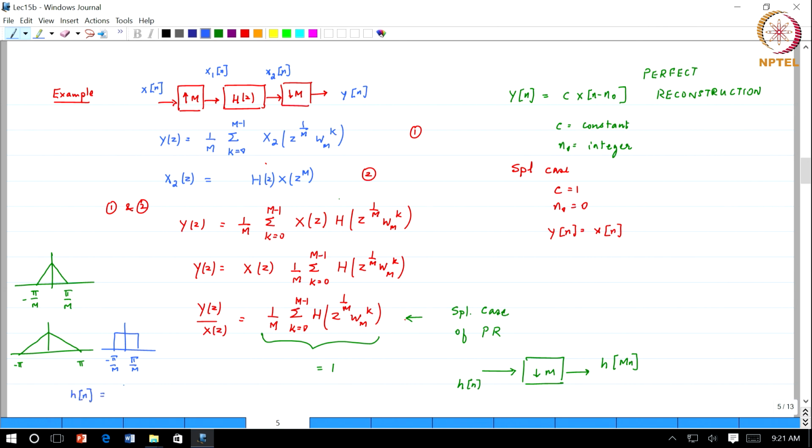It was a sinc function, sin(pi over m times n) divided by (pi over m times n). This is assuming you had a scale factor of m, then you get this response. And if you remember, we actually sketched this. This is a sinc function.